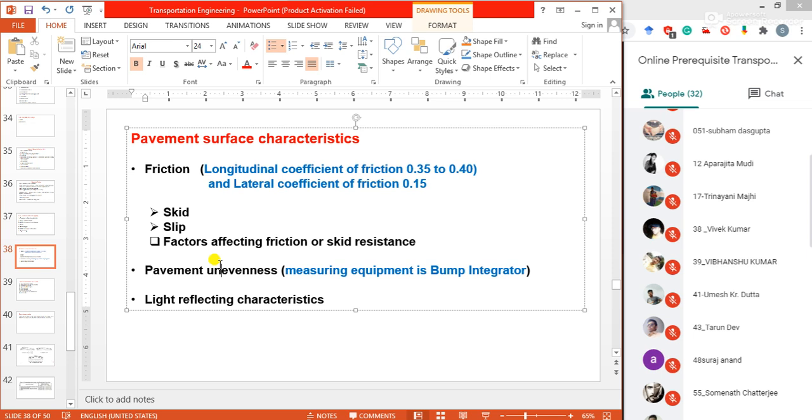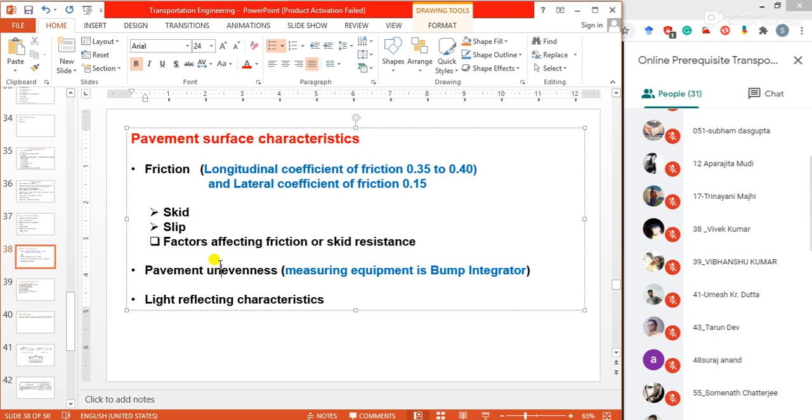This also happens when the road is slippery, wet or muddy, when your wheel is rotating at constant speed but you are not moving from one place to another. This is called slip.